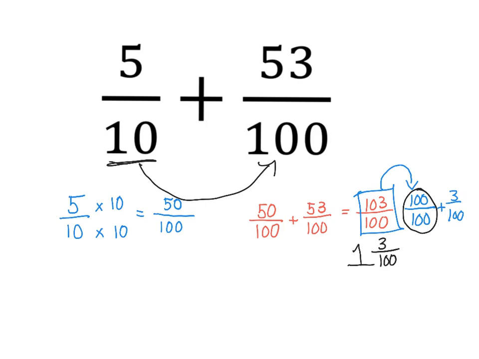But we can't leave a mixed number. We have to convert this into a decimal. So we have one whole and 3 hundredths. We do not have any tenths, but we do have 3 hundredths. So 5/10 plus 53 hundredths is equal to 1 and 3 hundredths.